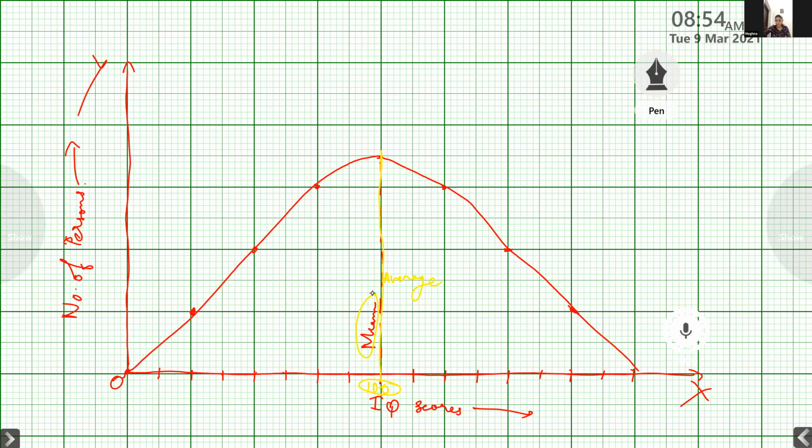Below 70, intellectual disability, 2.2. So that is the range of intelligence.